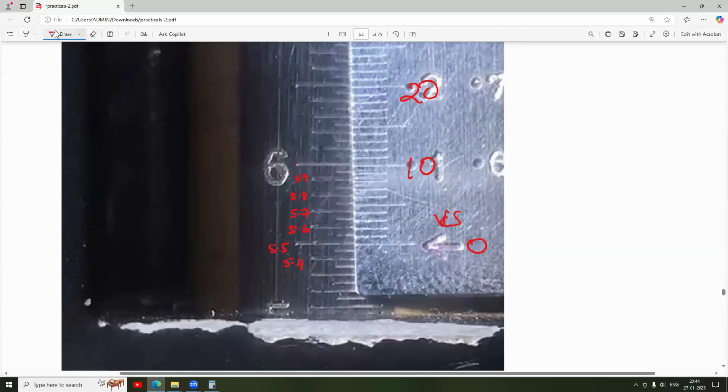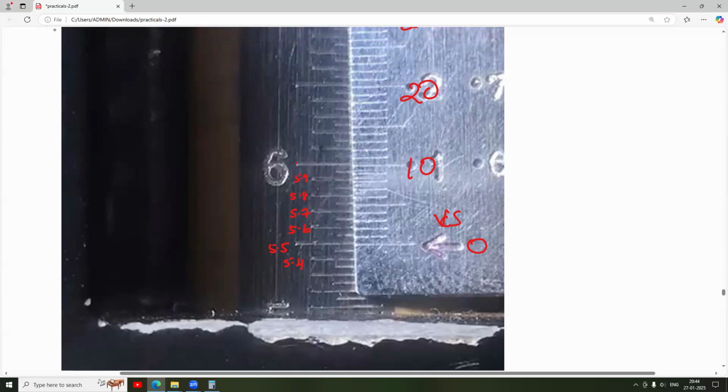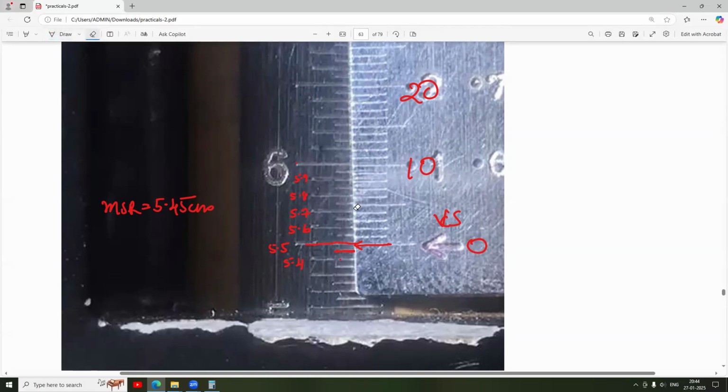Main scale reading is this one. 5 point, this reading you have to take because this line has crossed that reading. So it is 5.45. So MSR is 5.45 centimeters because it has crossed 5.45 and it is moving towards 5.5 but has not reached 5.5. So 5.45. And what about coinciding?